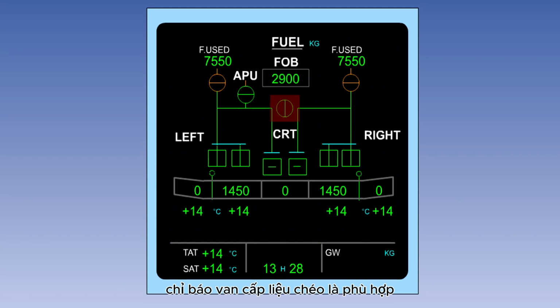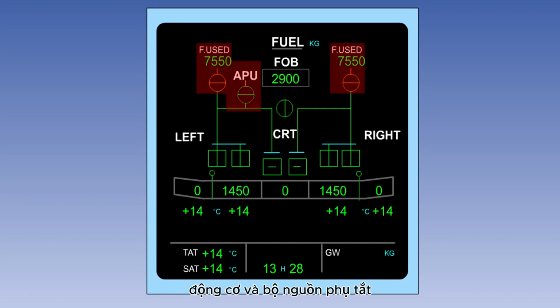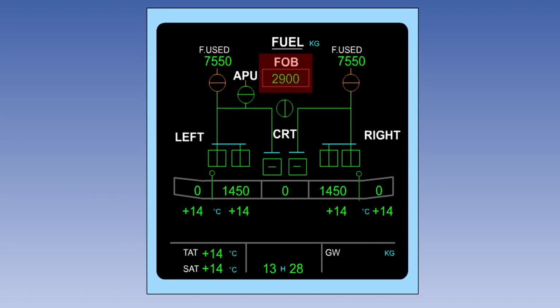The cross-feed valve indication is in line when the valve is open and cross-line when it is closed. The engine and auxiliary power unit shut-off valve indications operate in a similar manner. The fuel used by each engine since startup is displayed here. And finally, there is a readout of the total fuel on board here.